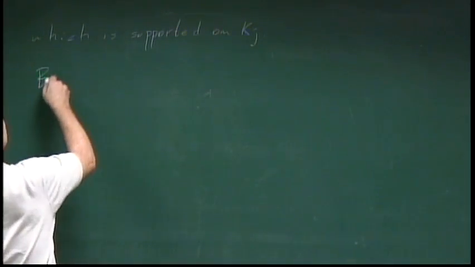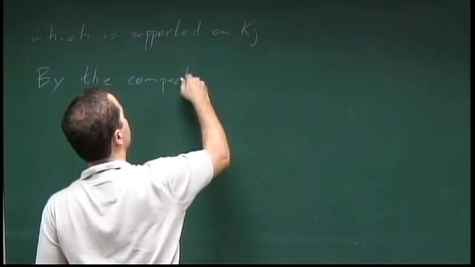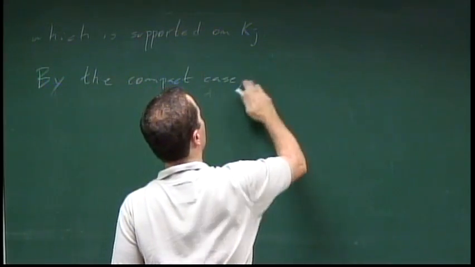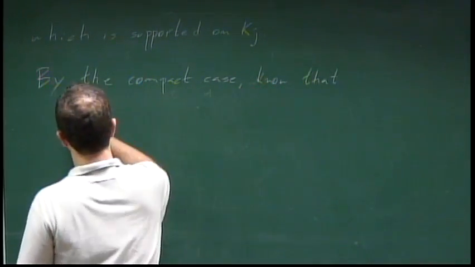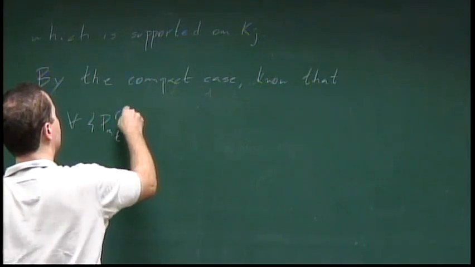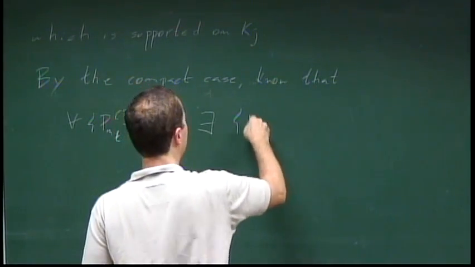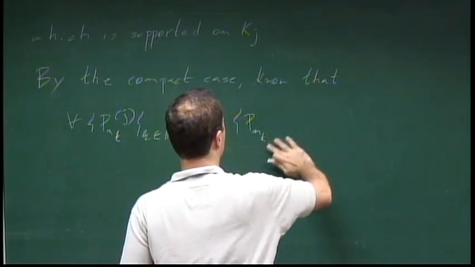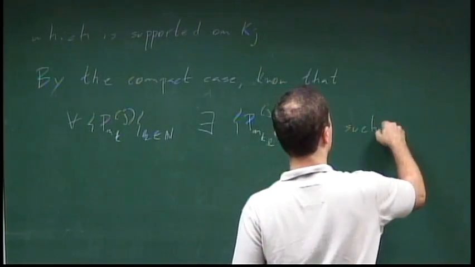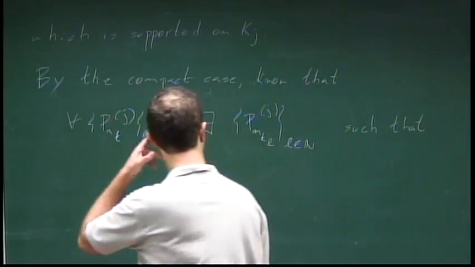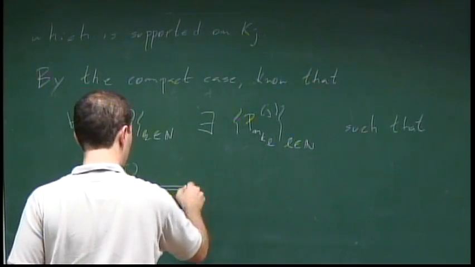So by the compact case, and that's really not a grave matter, we know that for all subsequences of these measures, you can find a subsequence such that Pjnl converges weakly.